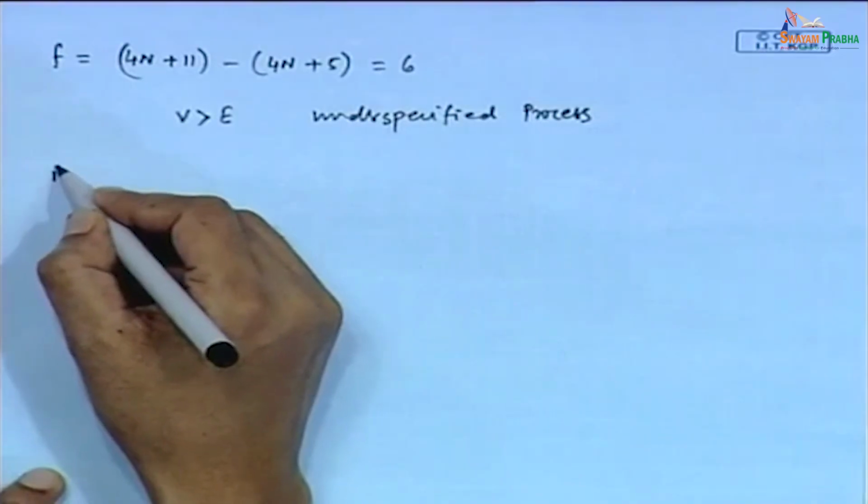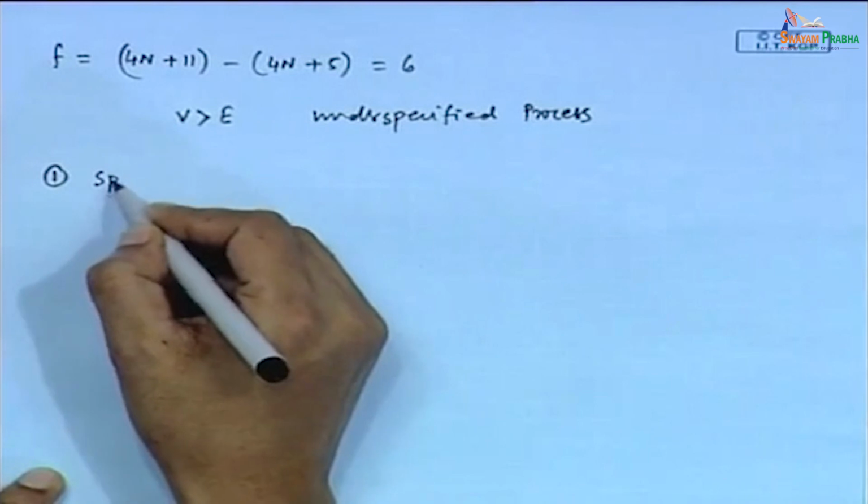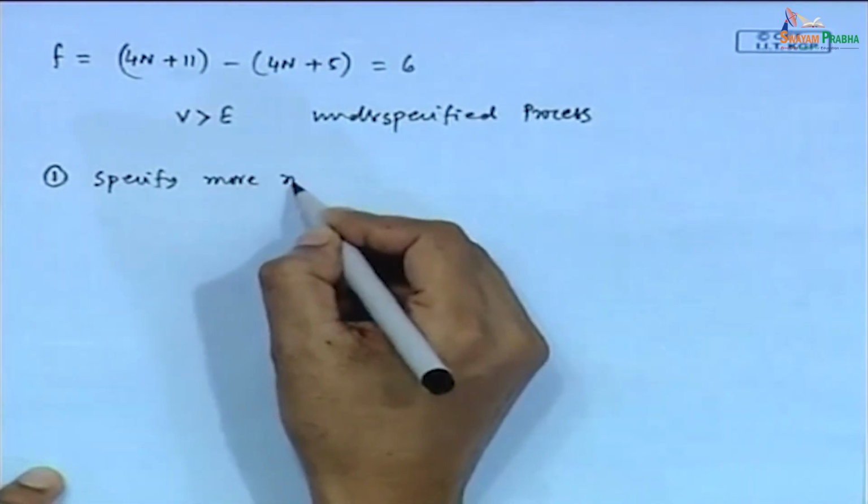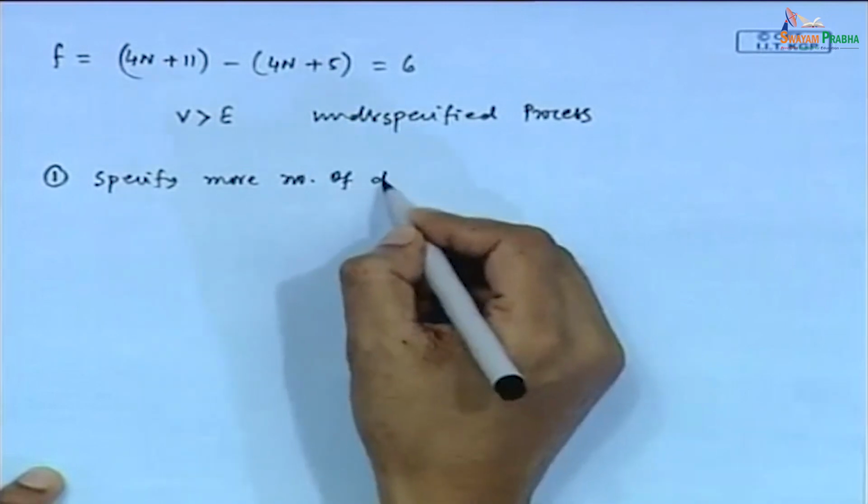How we can get that? There are two ways we have discussed earlier. One is we need to specify more number of disturbance variables.